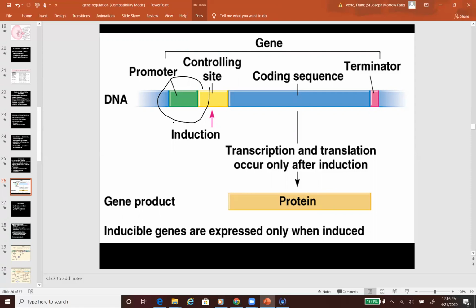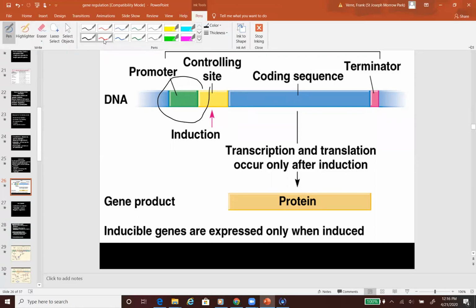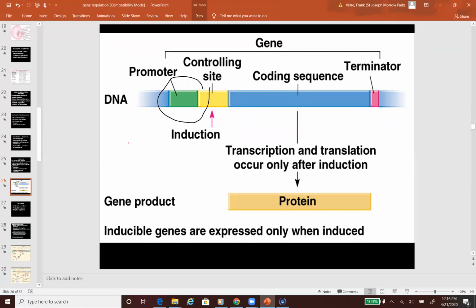In eukaryotes, one promoter region controls one gene. But in prokaryotes, an operon is where you have one promoter region controlling possibly many genes. That's really the difference. You can see that actually here.